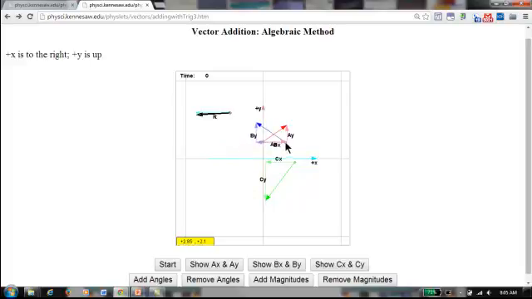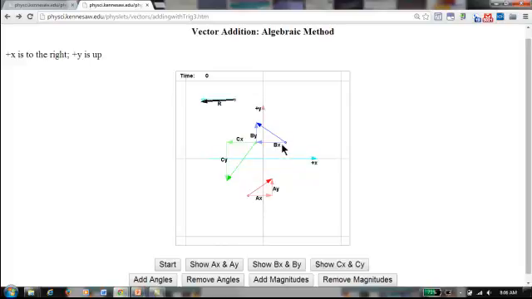So at the tip of Ax I'm going to add Bx, and then at the tip of Bx I put Cx, the tail of Cx. Notice that from the tail of Ax to the tip of Cx, we find Rx.